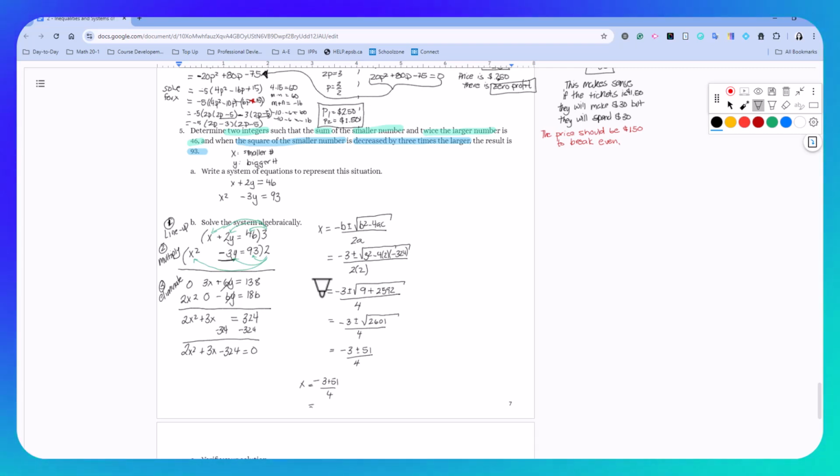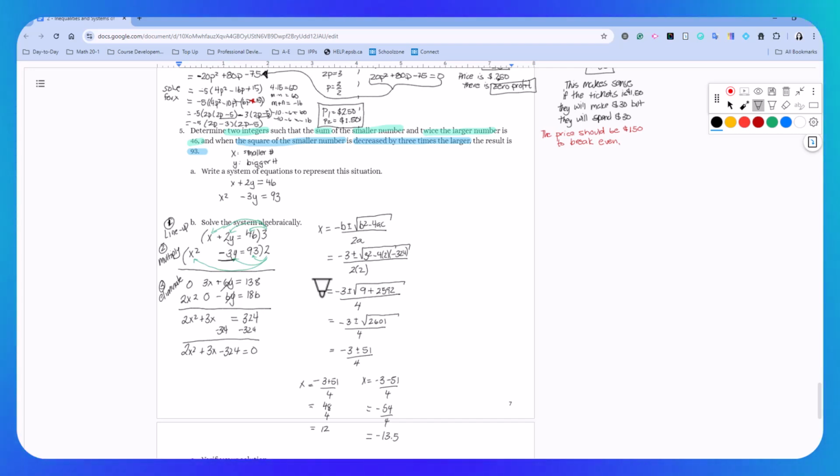And that's going to give us 48 over 4, which equals 12. Cool. That worked. Let's try the second one. That's when we subtract everything. We get negative 3 minus 51 over 4, which equals negative 54 over 4, which equals negative 13.5.